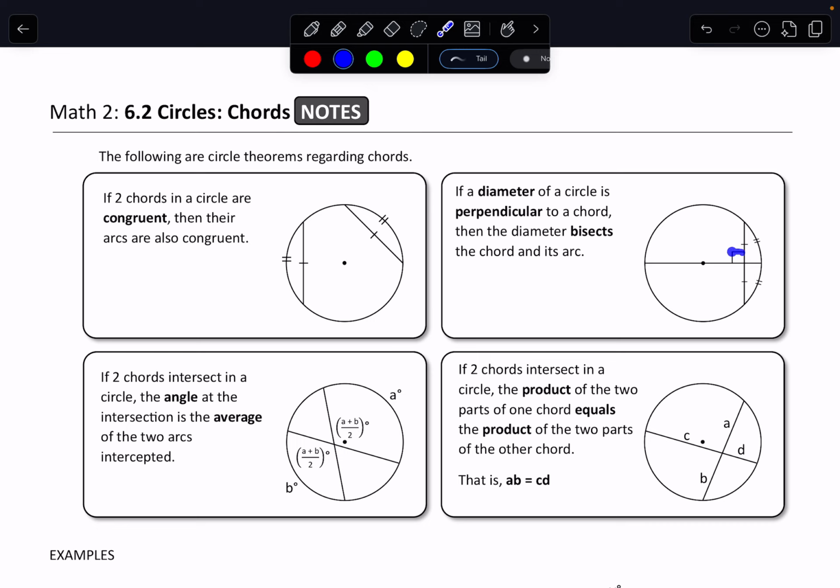So if this is a 90-degree angle, then this big long green chord gets cut in half, so you get this piece equals this piece, and the arc also gets cut in half. So this arc is equal to this arc. We're going to use that in some of the math that we do later.